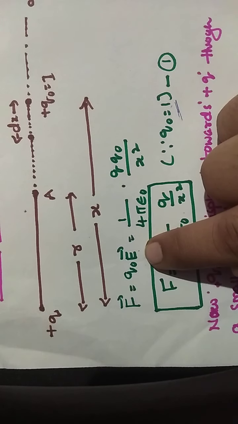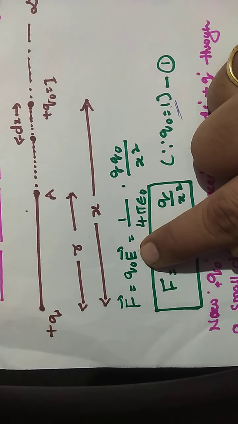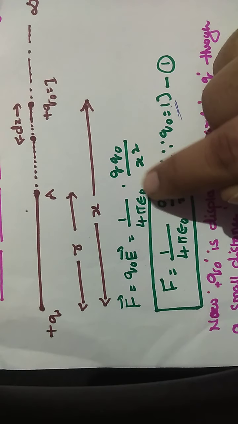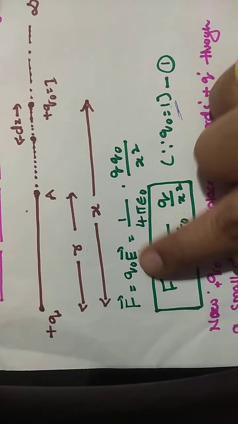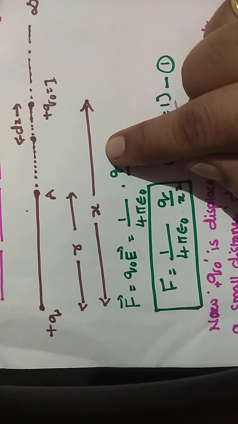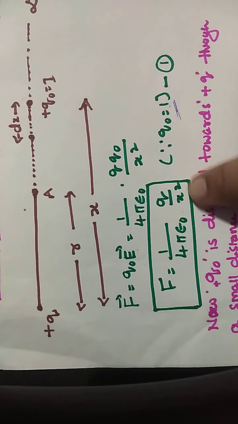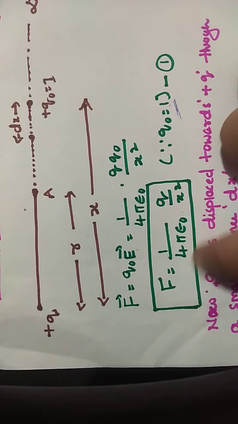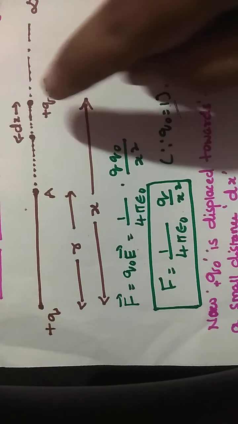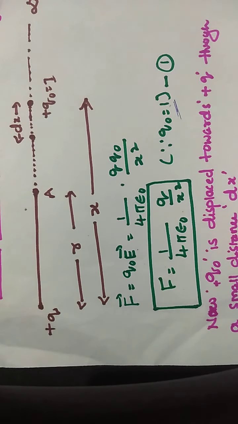We know that electric field intensity is given by 1 by 4 pi epsilon naught Q by x square, into this Q naught, but Q naught is 1, hence F is equal to 1 by 4 pi epsilon naught Q by x square. So this is the expression for the electric force acting on the test charge at a distance x from the point charge plus Q.